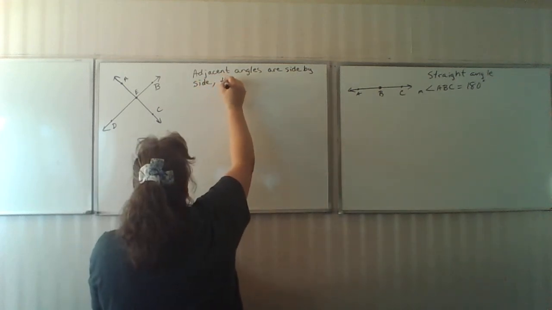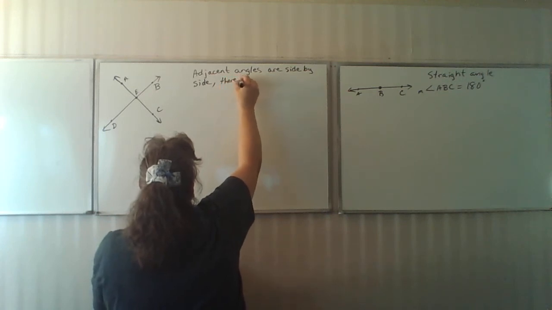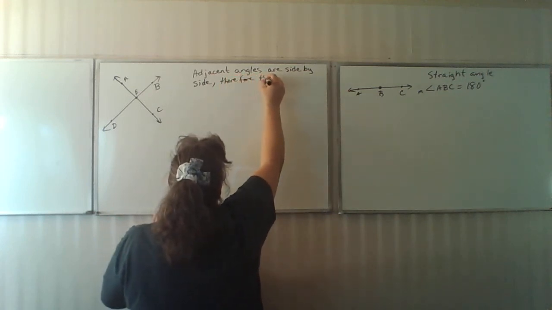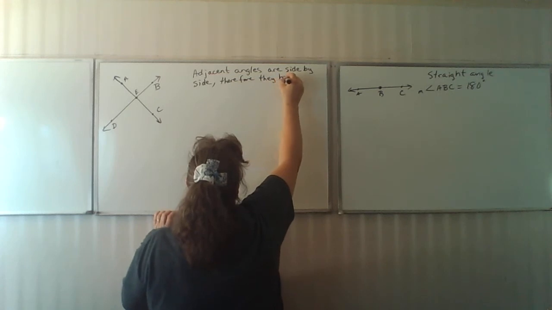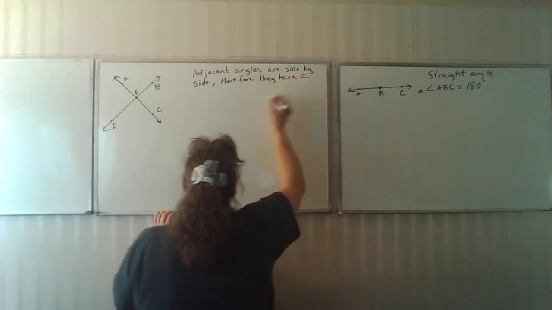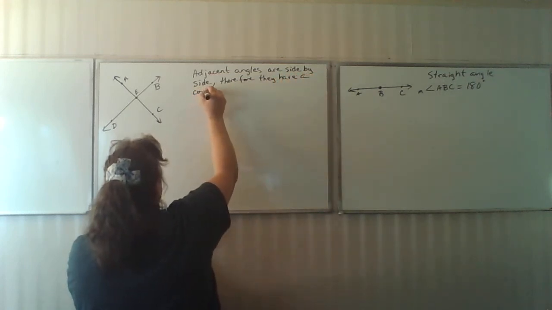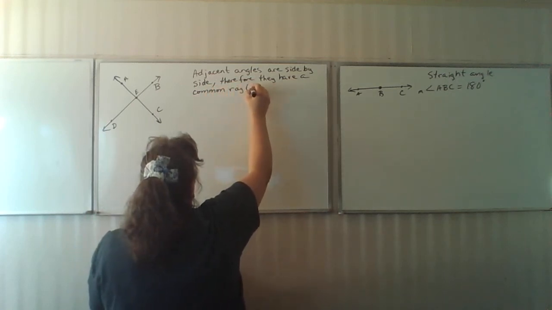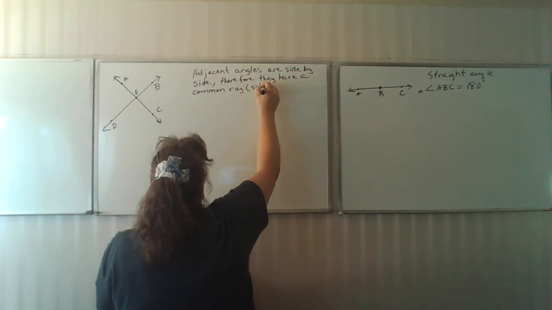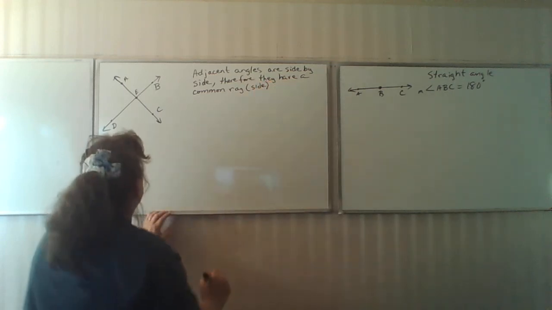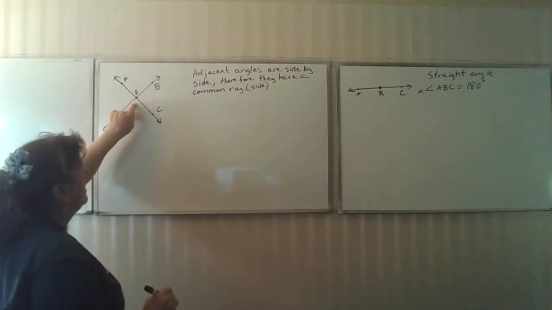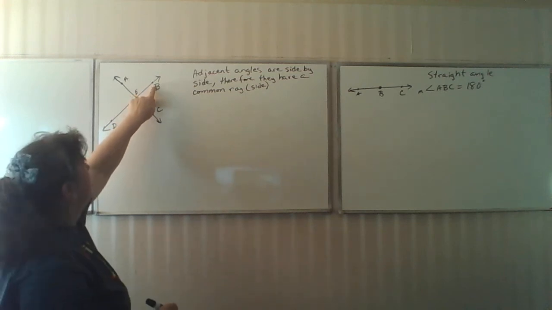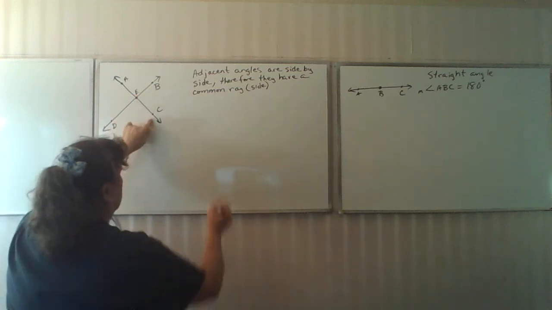Therefore, they have a common ray. In this example, AEB is adjacent to BEC.